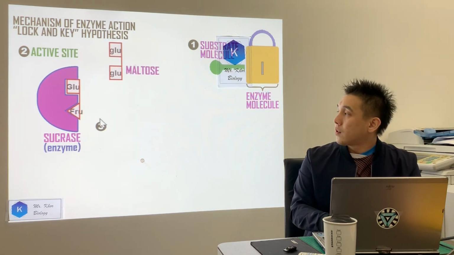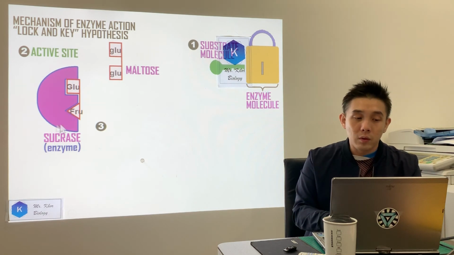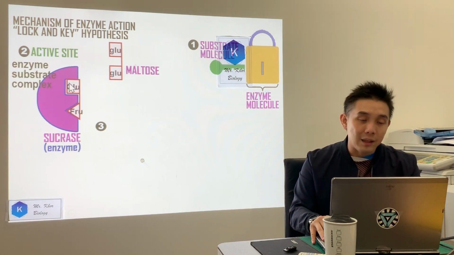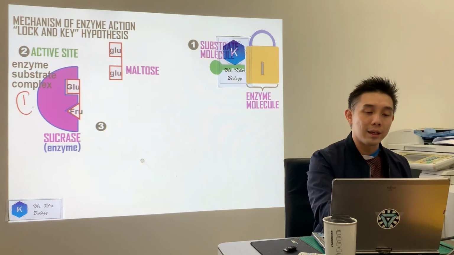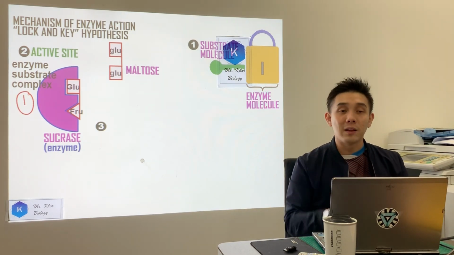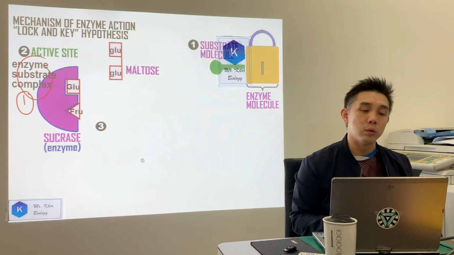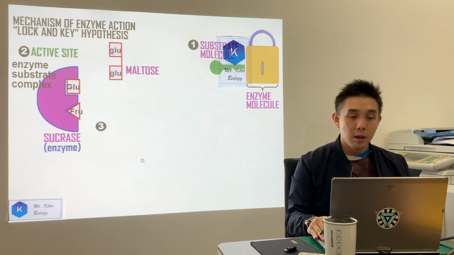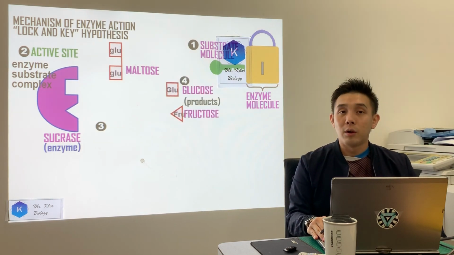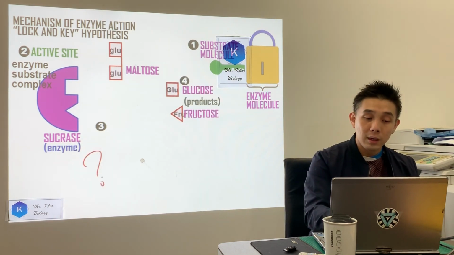Now, when the substrate enters the active site, what do we call it? An enzyme substrate complex. This will earn you 1 mark in exam itself. Meaning in essay, the moment you write this, you should be awarded 1 mark right away. Reaction takes place, products are formed, and guys, what is your last point?